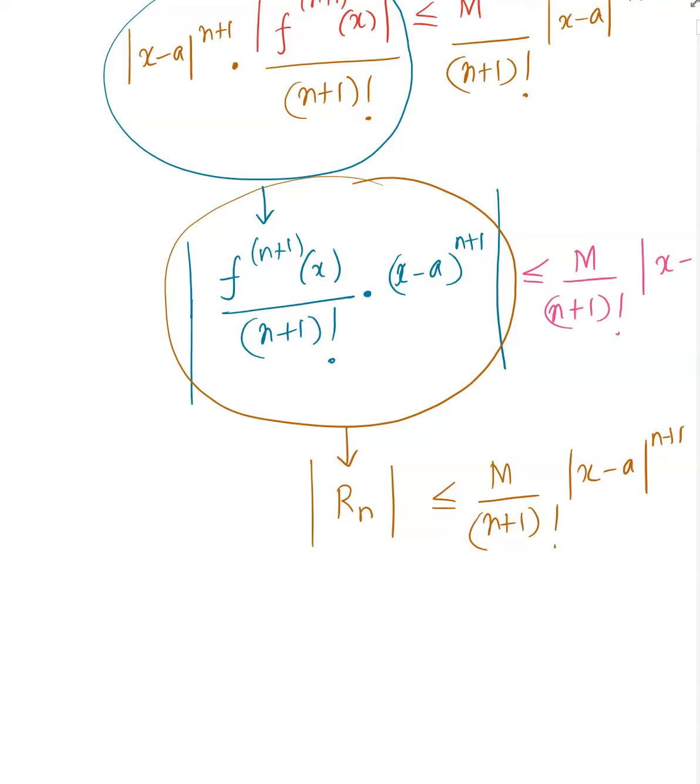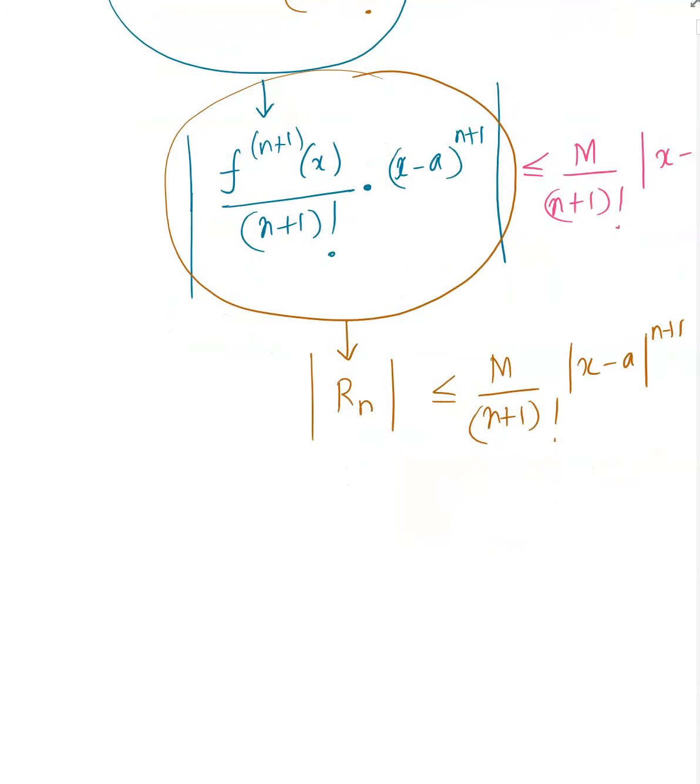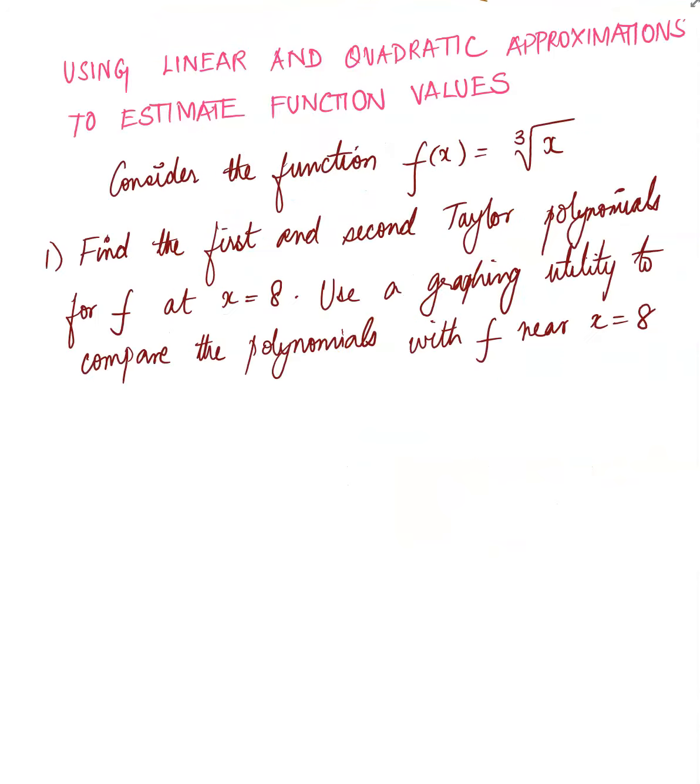Let's go ahead and use linear and quadratic approximations to estimate function values. So we consider the function f of x equals the cube root of x. Find the first and second Taylor polynomials for f at x equals 8 and use a graphing utility to compare the polynomials with f near x equals 8.